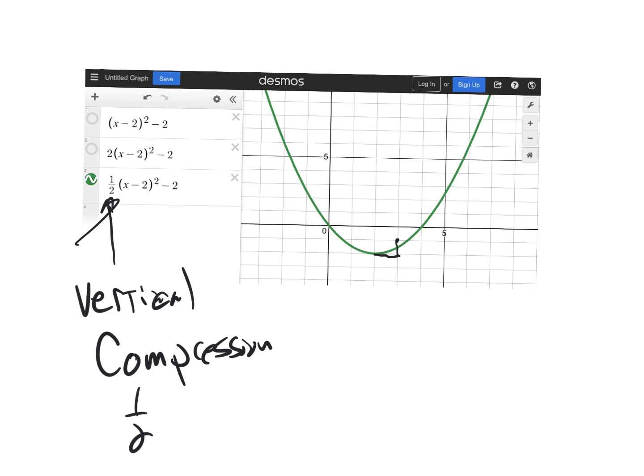It goes up a half, kind of. We can see that. But if we go over 2, it's supposed to go up 4, and it's only going up 2. So you see that's half of what it should be. So that tells me that the leading coefficient there should be 1/2. So that's how you can do it just by looking at the graph and thinking about stretches and compressions.